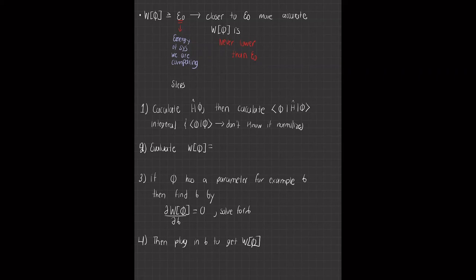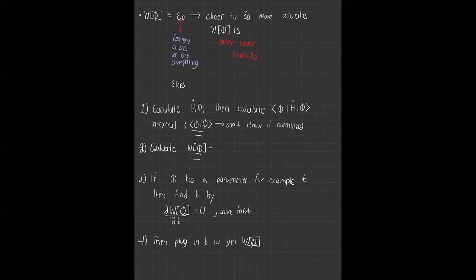Yeah, and then the steps to this would be to calculate the Hamiltonian applied to the trial wave function, which is probably going to be like the second derivative or something. And then we also calculate the integral of the trial wave function onto itself. And then we evaluate this by dividing these two terms by each other.